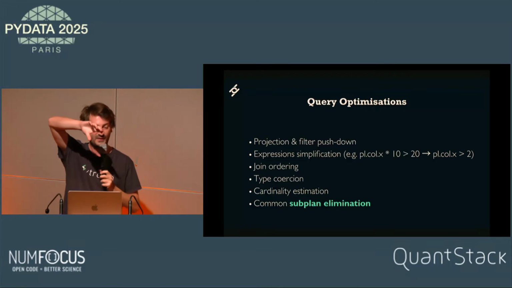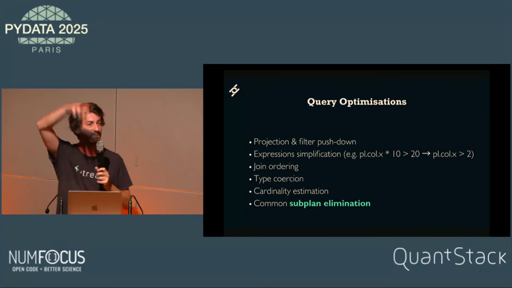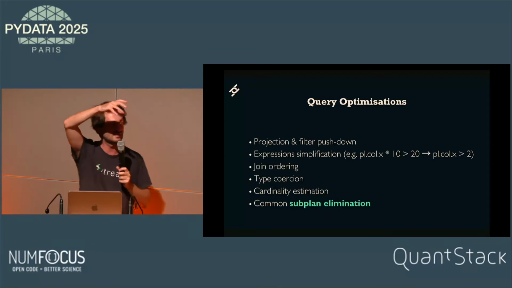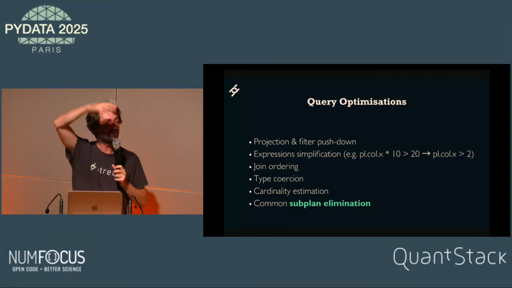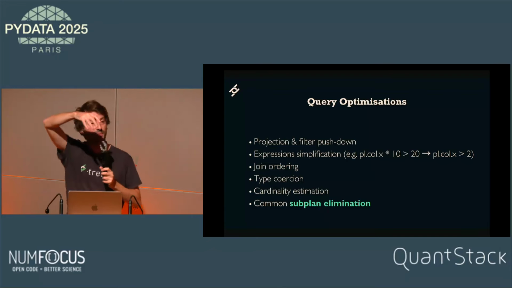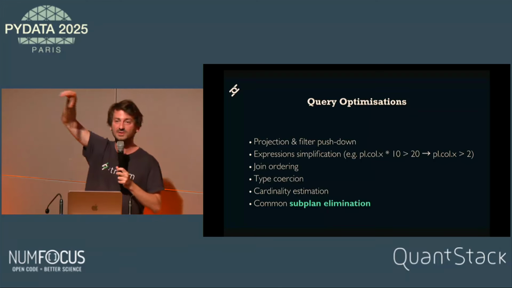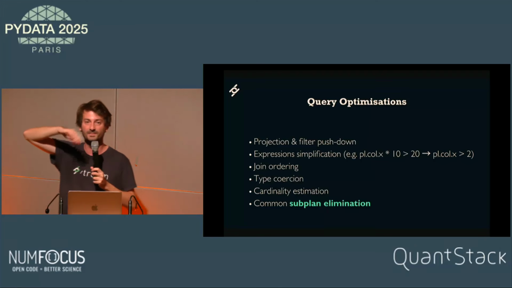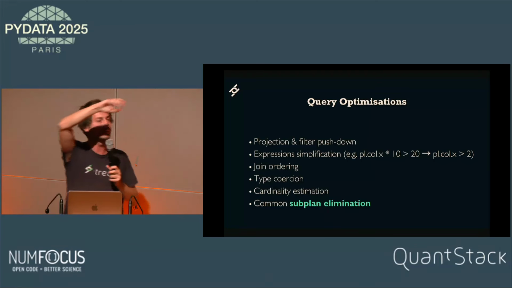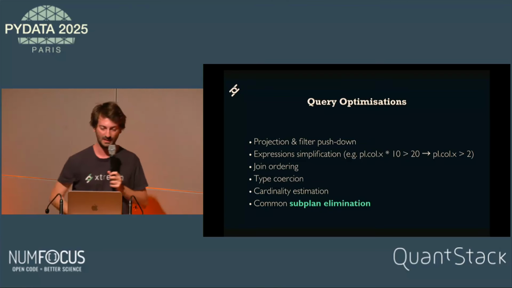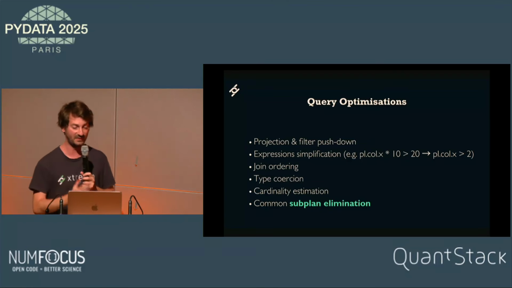So the filter and the projection pushdown. It means that filters and column selection get done at the first possible step in the query execution plan, so that we actually process and keep in memory only the data we really need. Then there is expression simplification.